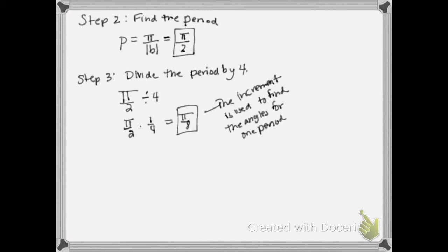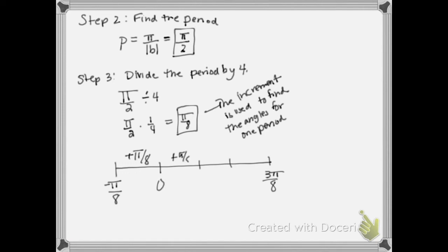All right, so I'm going to make this little number line here, and I'm going to find these angles. Remember, my asymptotes go at the ends of this number line, negative pi over 8 and 3 pi over 8. And you just need to find the angles in between. My increment is what I'm adding, which is pi over 8. So negative pi over 8 plus pi over 8 is 0.